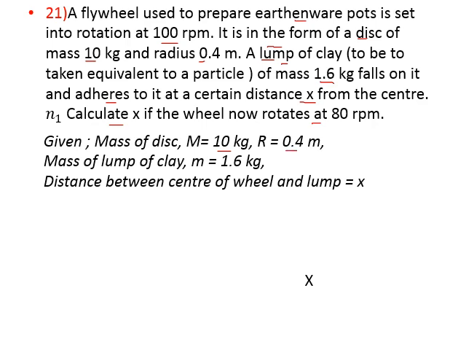Mass of clay is given. X, that is the distance between the lump and the center of the wheel, we have to find out, and two more things are given. 100 rpm, this is the speed before the drop of the lump of clay, and 80 after it. Now I will explain using the diagram.